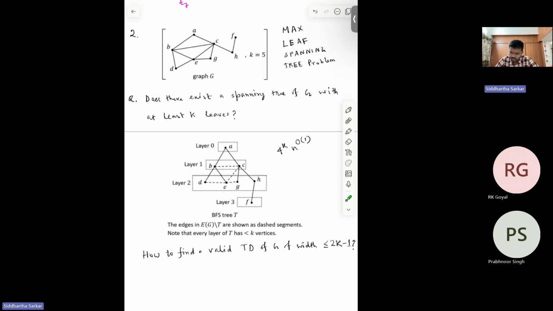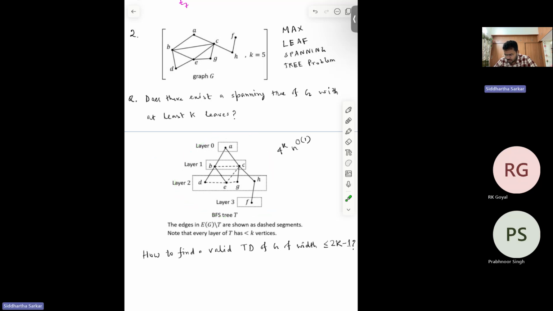Let us say the number of vertices is n. So you could have started the BFS at any of these n vertices. Even if you enumerate it, even if you do it n times, you will get n different trees.